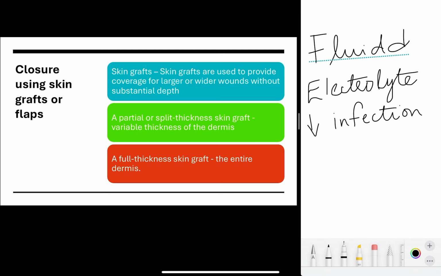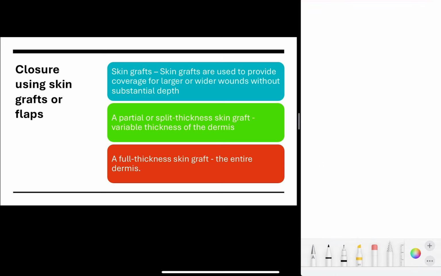Skin transplanted from one location to another on the same individual is known as an autogenous graft or autograft. Skin grafts are classified as either split thickness graft or full thickness graft depending upon the amount of dermis included in the graft.